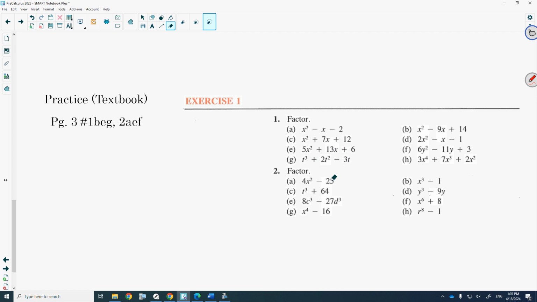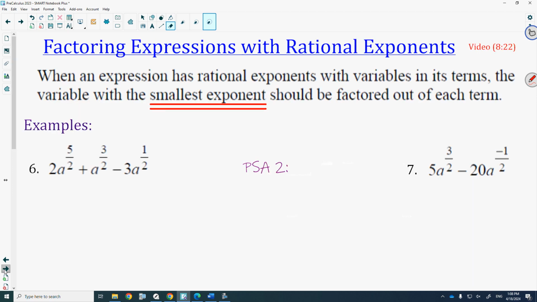And then 2A looks like factoring by difference of squares. 2E will be a difference of cubes. And then you figure out what F will be. This will be a sum of cubes. Okay? When you're done that, you can go to this part of the video.